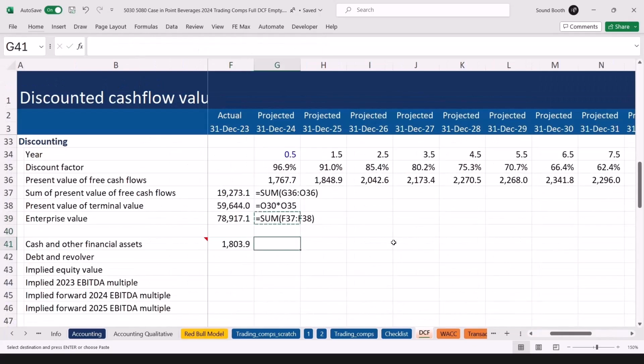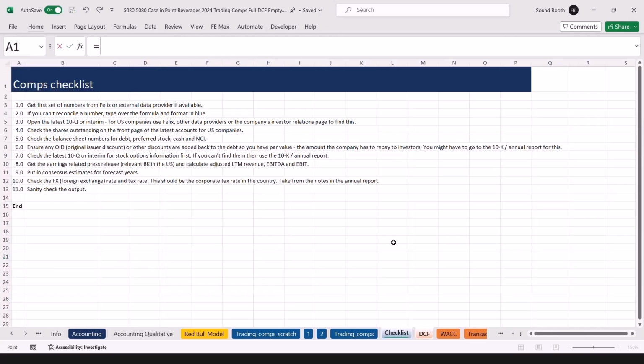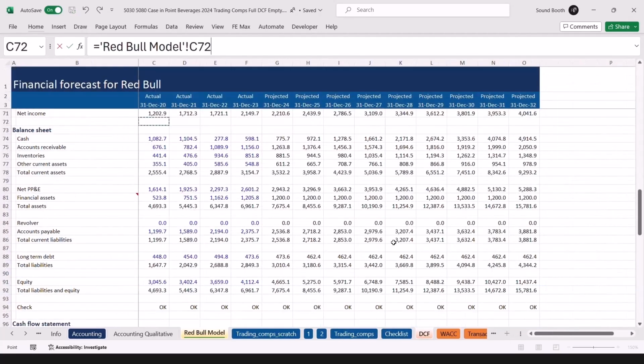So they will increase value because they're excluded from the enterprise value. And then I'm going to deduct the value of the debt and revolver because we're just looking at the equity value here. So I'm going to go back to the Red Bull forecast model, and on the balance sheet, I'll take the revolver number. And even though it's 0, it's good practice to take it. And I'll add in the long-term debt as well.